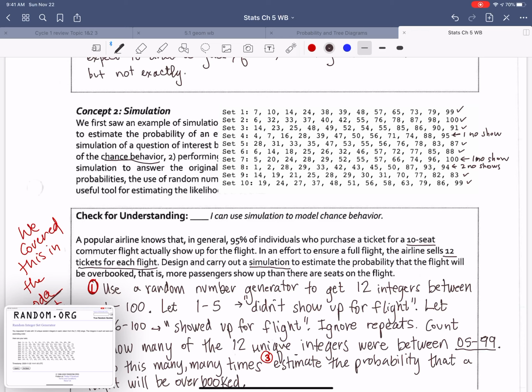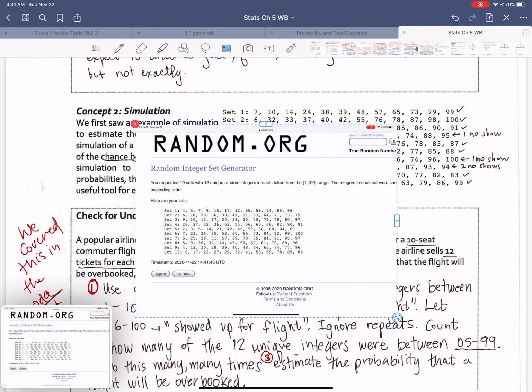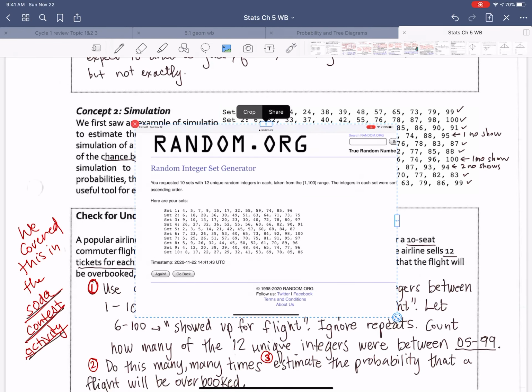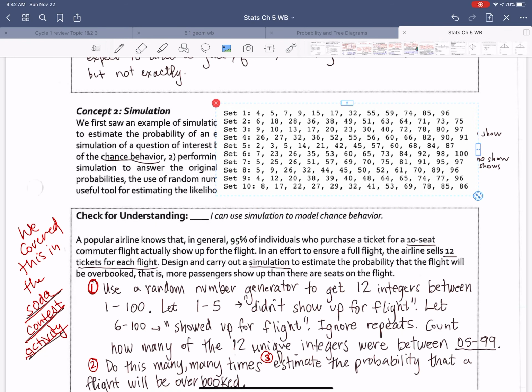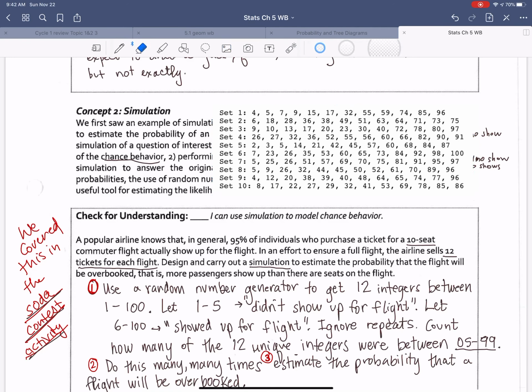So in my next set, let's see. Count up my no-shows. Okay, so here's 2 no-shows.